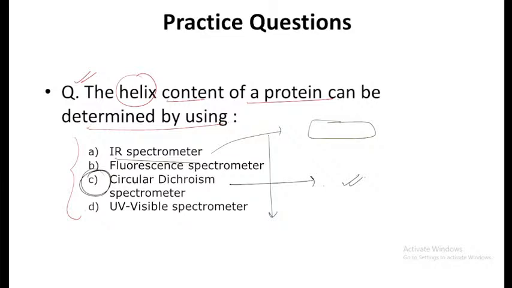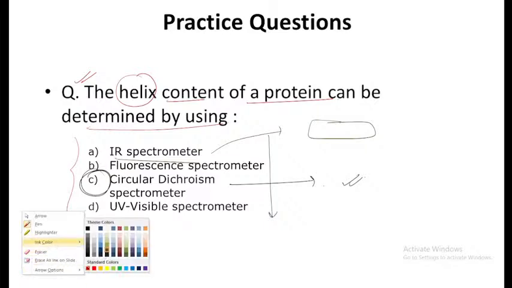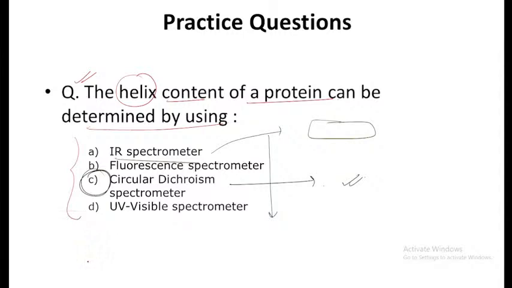Quickly write down the answer. What is the application for the IR spectrometer?